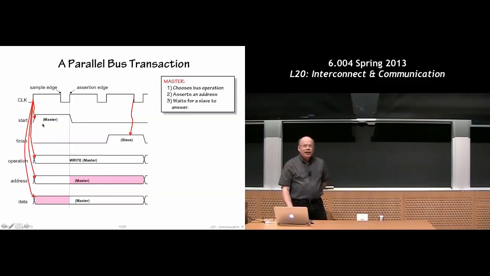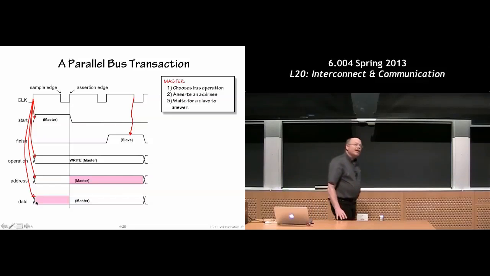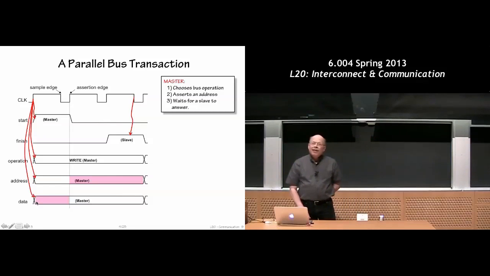That might include a signal saying, I want to start a transaction, some information about the type of transaction, a read or a write, and what address I'm trying to get to. In the case of a write, maybe I'll give you some write data. In the case of a read, I'd be waiting for the slave that was addressed by this transaction to drive the data lines.